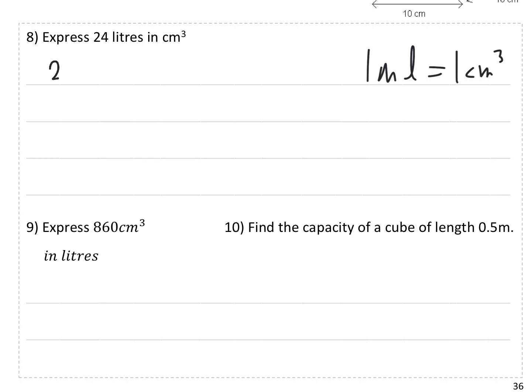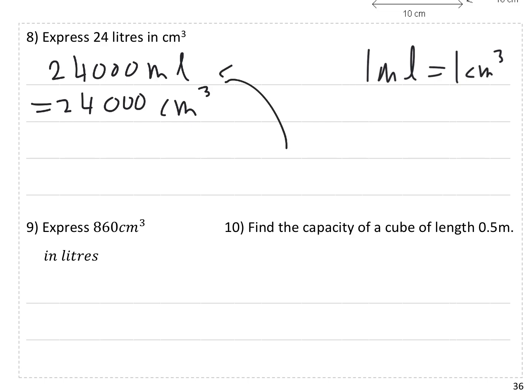To do that, you times by 1,000, and hopefully you're happy enough just by writing down 24,000 mils. And that would then be 24,000 centimetres cubed. If you weren't sure where that came from, that was 24 litres multiplied by 1,000.